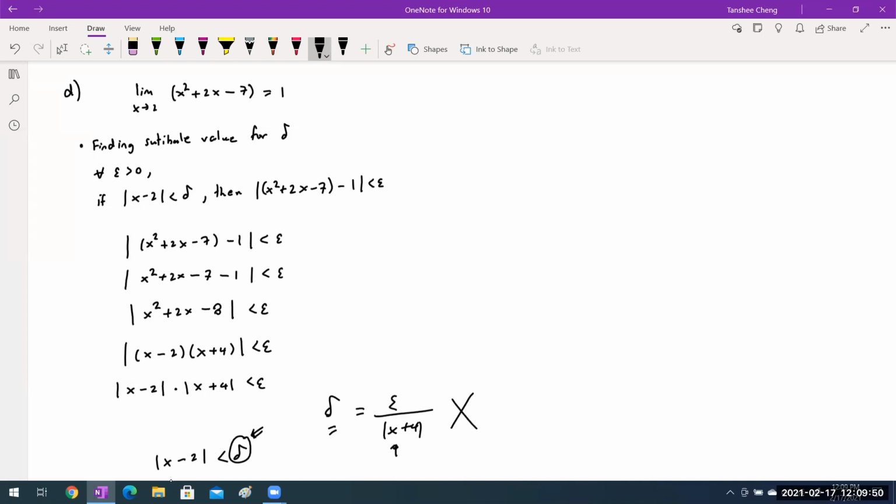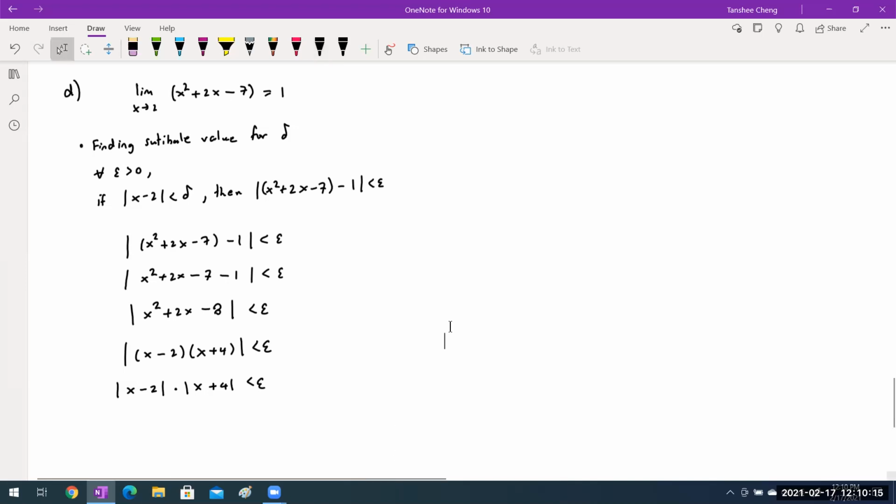So now the question is how do we deal with this so that I can get epsilon divided by a constant? Which constant must it be? Something that has to do with the absolute value of x plus 4. That being said, this is where we need to go in and find out.